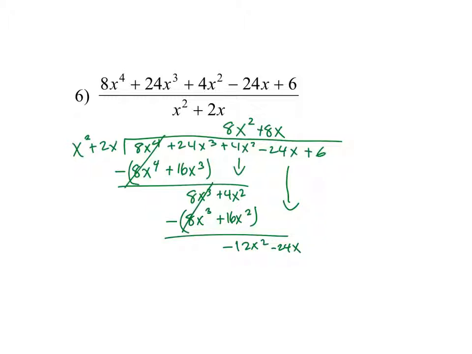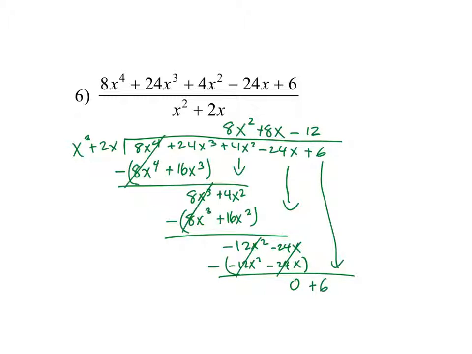So negative 12 right here, because I'm dividing 12x squared by x squared. So this is negative 12x squared minus 24x, and I'm subtracting. In this case, everything cancels out, so I have a 0 here. I'm bringing down that 6.